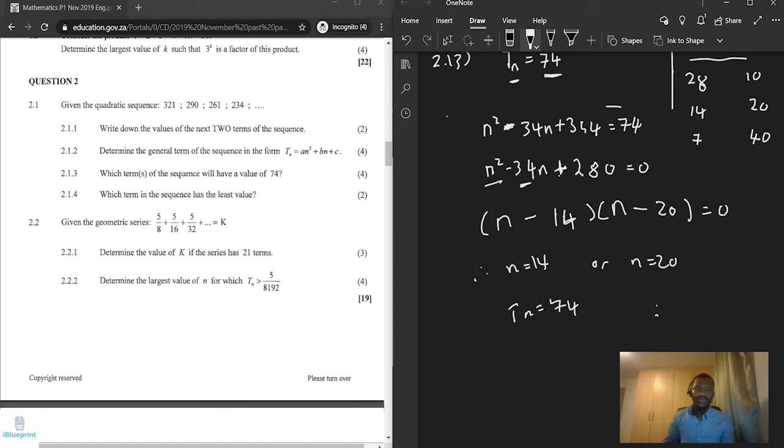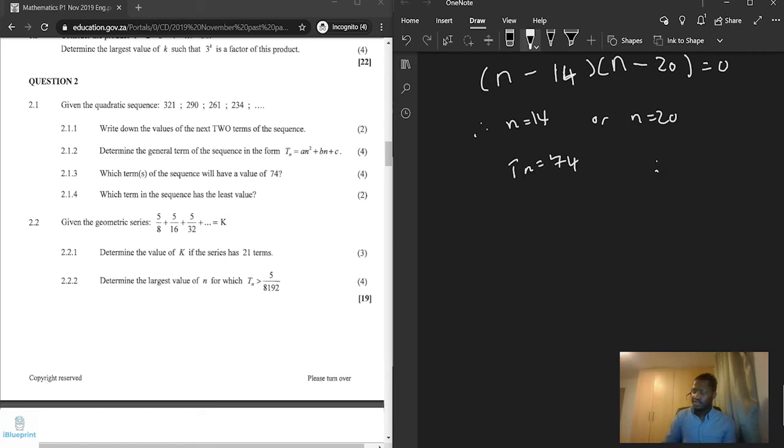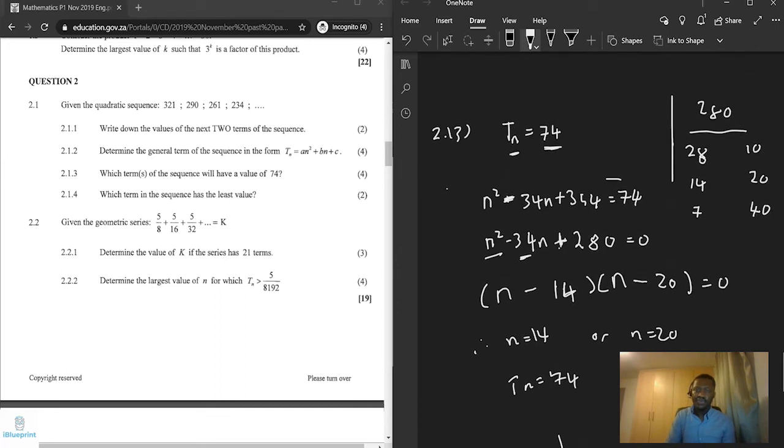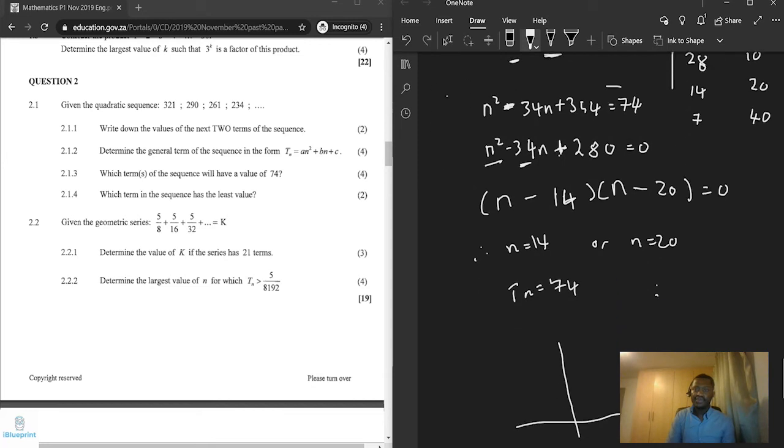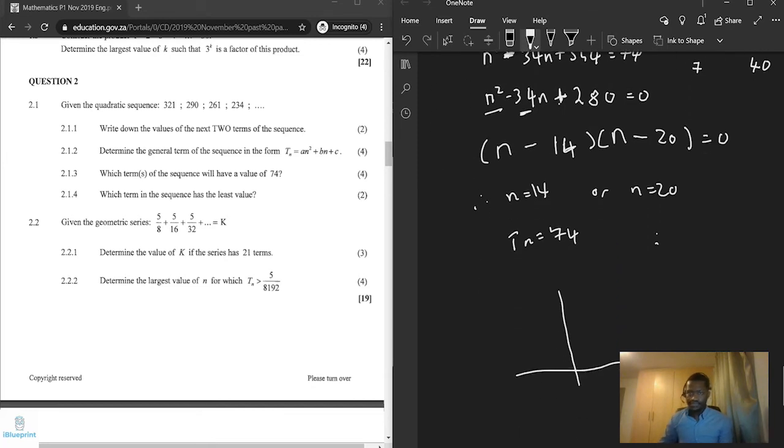So you can already start thinking about how this looks if you had to visualize it. Our equation is n squared minus 34n plus 354. That tells you that when you make n naught, the intercept is 354.